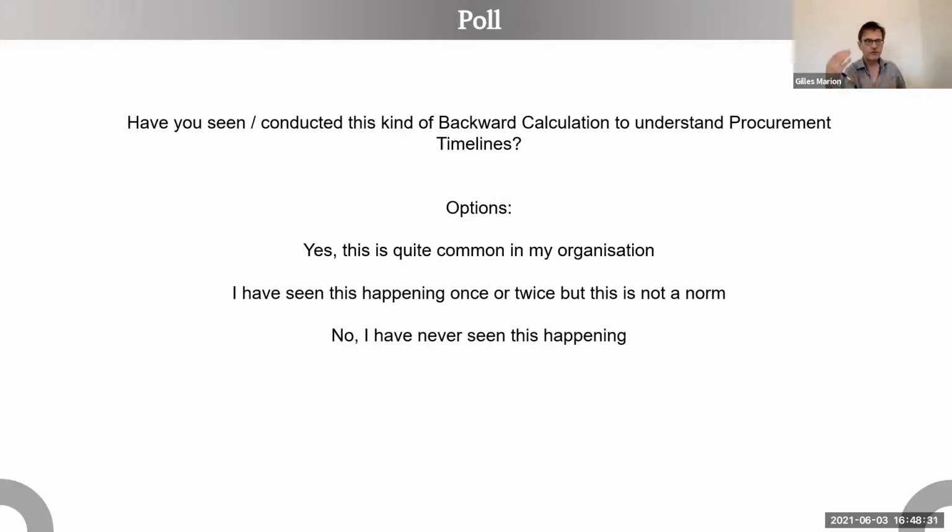So if you've allowed, for instance, finance or people in charge of quantification to delay the information they give you for you to start planning your procurement, every time you delay the quantities, every time you delay the specification of the product, this will have an impact on the delivery date.